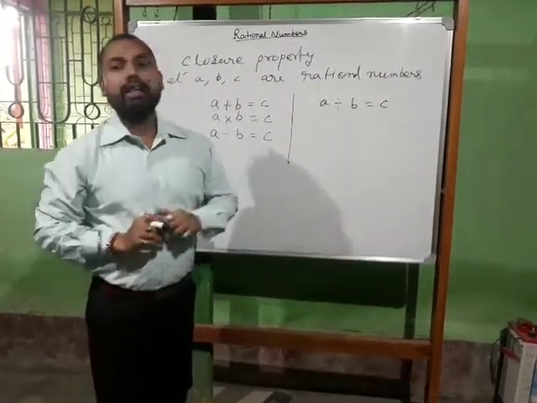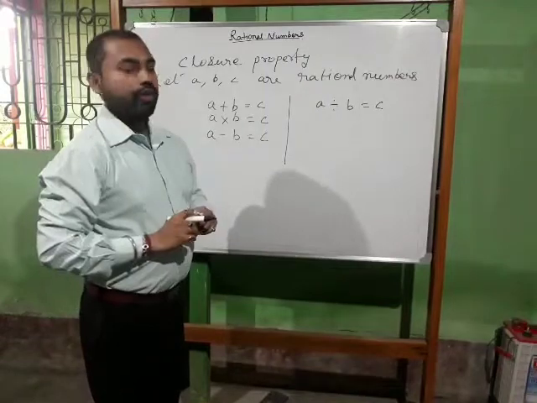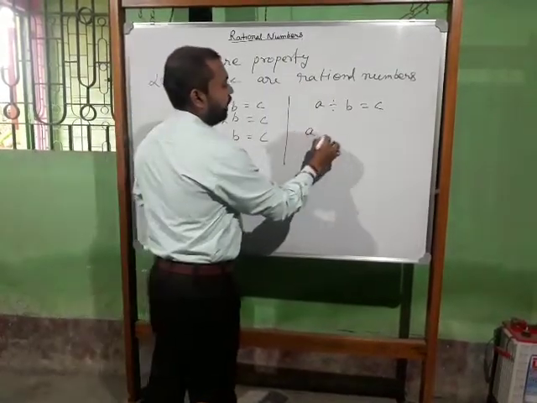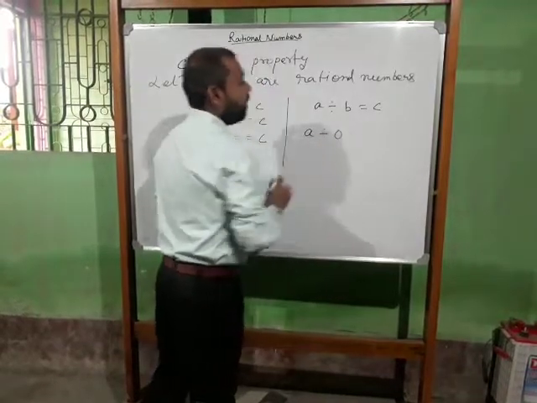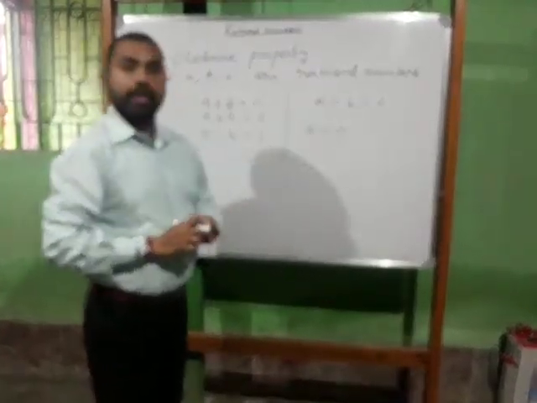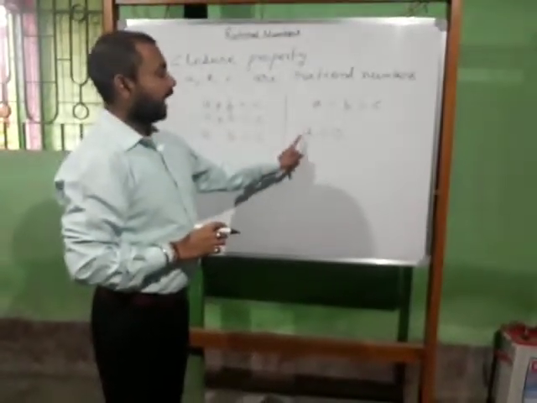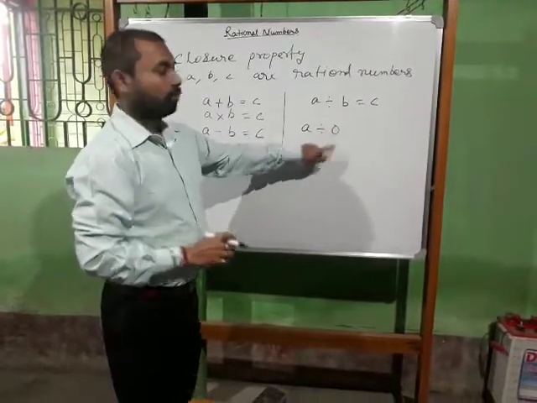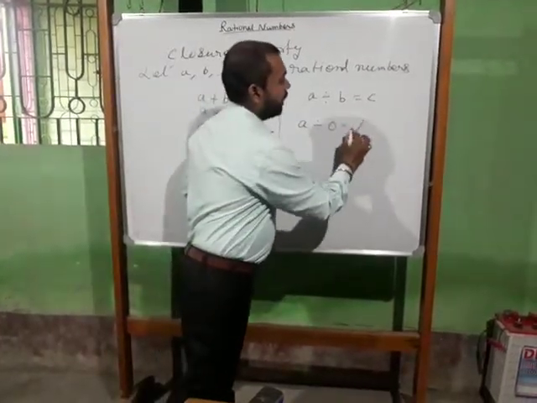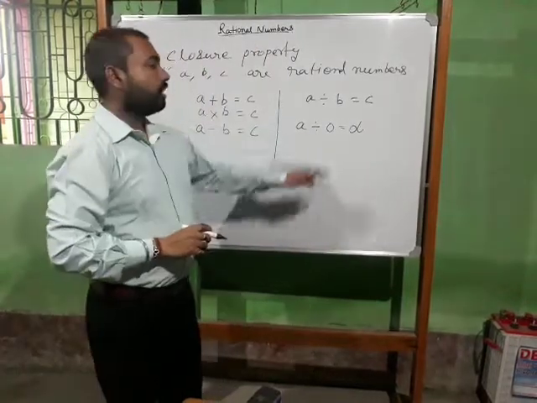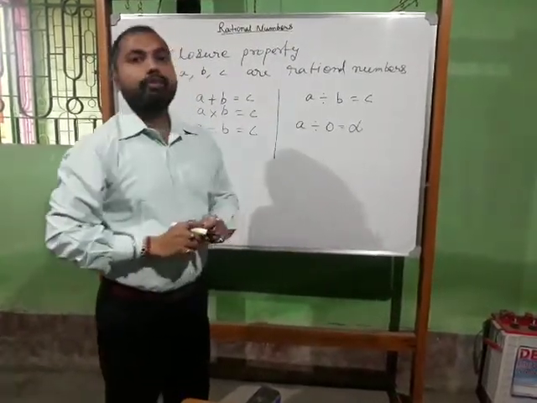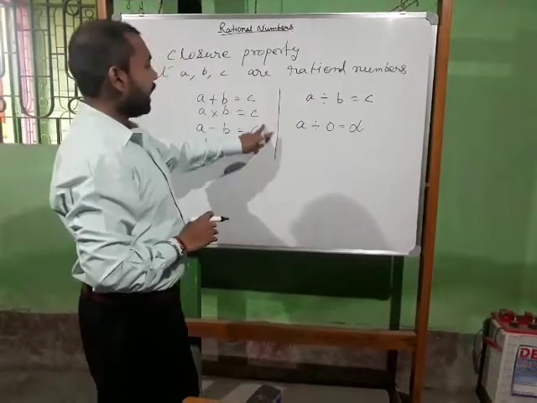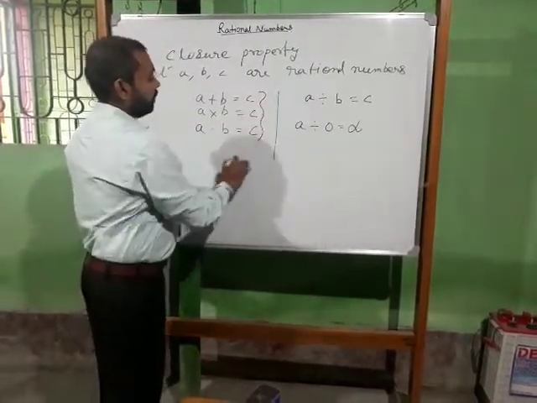But there is a case in division: if we divide a rational number by 0, since we know that 0 is a rational number, A divided by 0 is, according to mathematics, undefined, which is not a rational number. This is the unique case in division. Otherwise, all these numbers are rational.